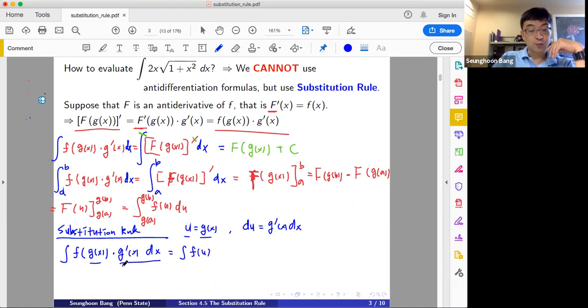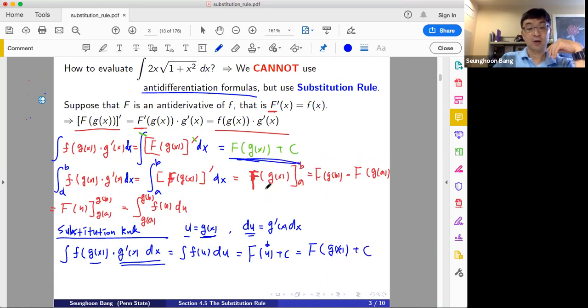Next, g prime of x dx becomes du. Then find the antiderivative by using anti-differentiation formulas: capital F of u plus c. Next, change g of x back in, giving capital F of g of x plus c. We have exactly the same result, right? This is the indefinite integral version.